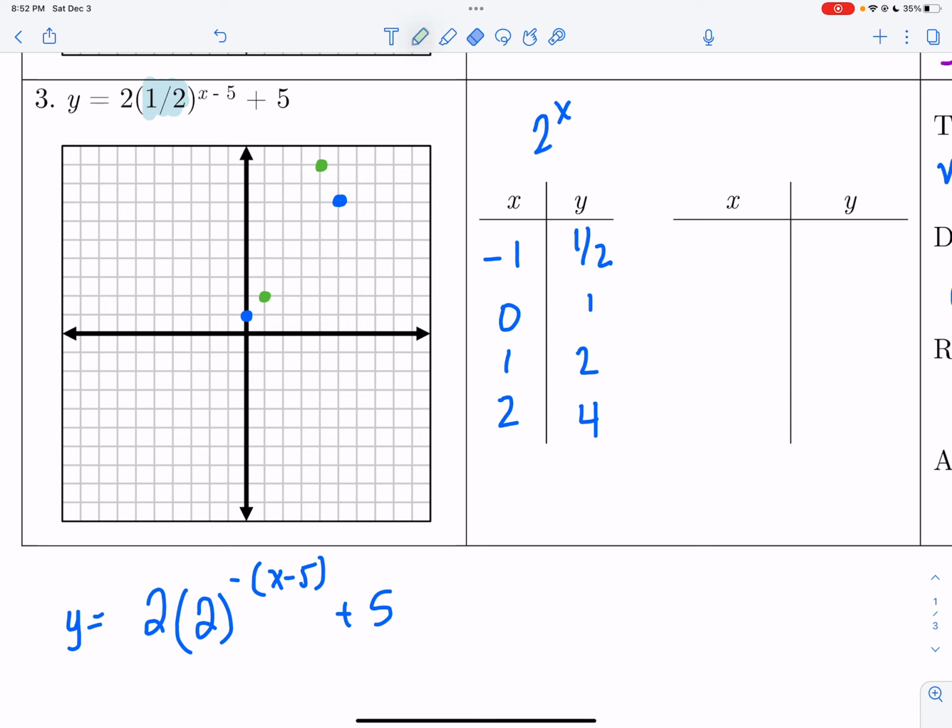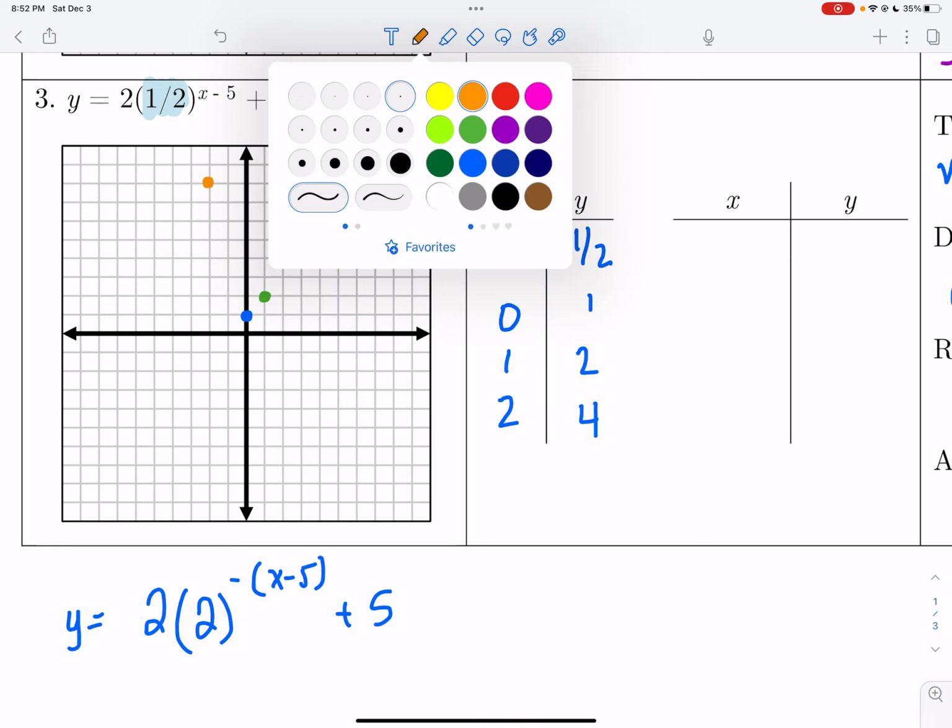And then finally, let's say I have 2, 4. Vertical stretch of 2, which gives me 8. And then a reflection across the y-axis. Right 5. And then up 5. 1, 2, 3, 4, 5. So it's going to be like up here. I could also do negative 1, 1/2.